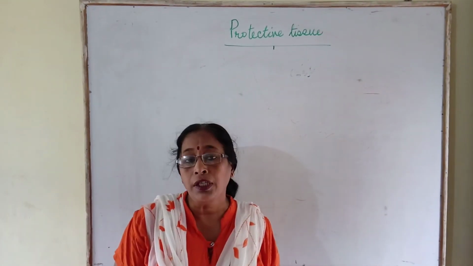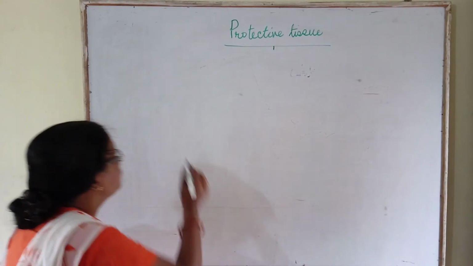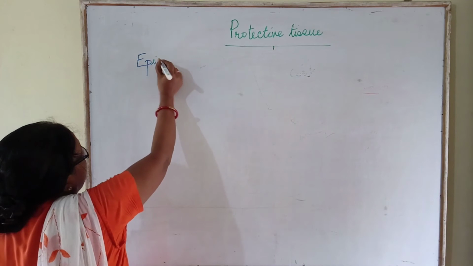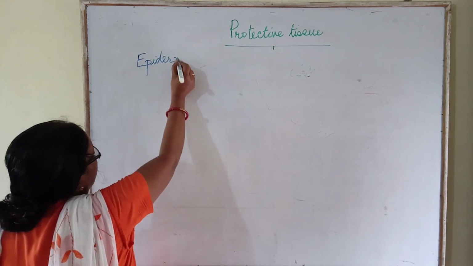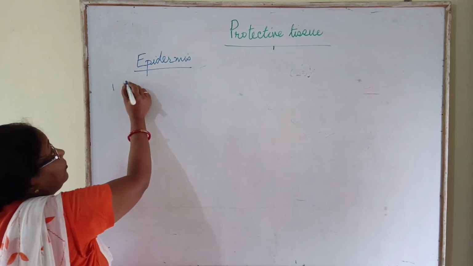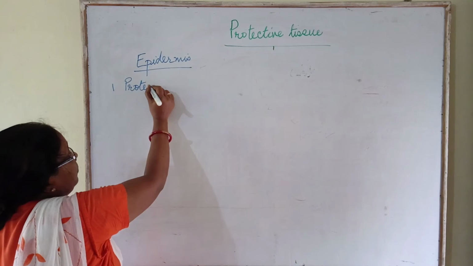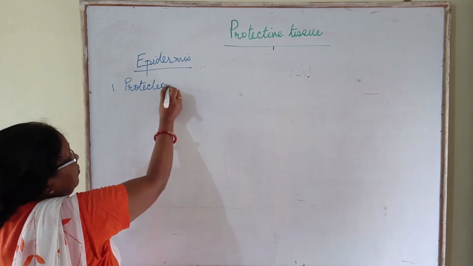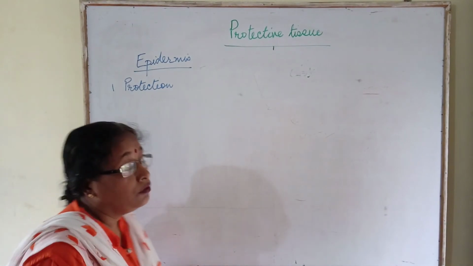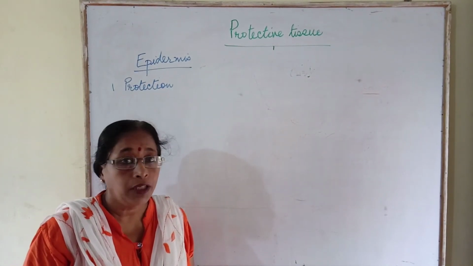Now let us again see the functions of the epidermis and the cork cells. Epidermis, the first function is protection: protection of different parts of the plant from adverse environmental conditions and from the attack of pathogens.